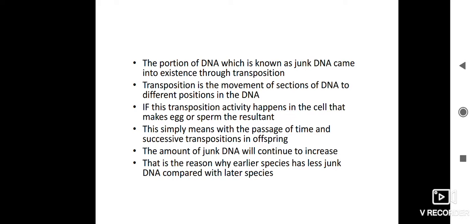This simply means that with the passage of time and successive transpositions in offspring, the amount of junk DNA will continue to increase. This is the reason why earlier species have less junk DNA compared with later species.